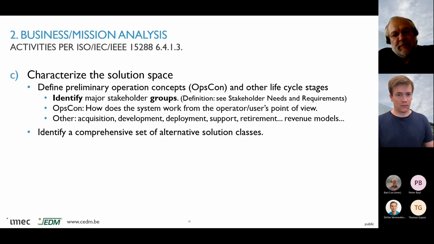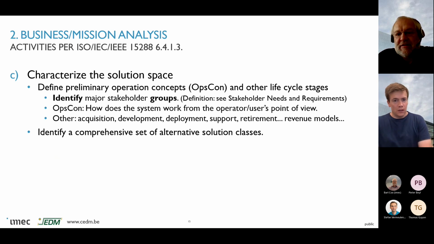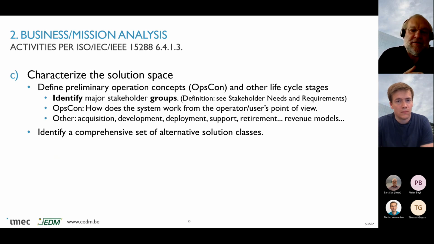And then based on that, we can define a complete set, as comprehensive as possible, of alternative solution classes. Again, these are classes, categories of solutions. In the previous webinar, we used the example of the coffee machines: a manual system, a vintage one, like the Senseo-like, or the complicated smart barista types.